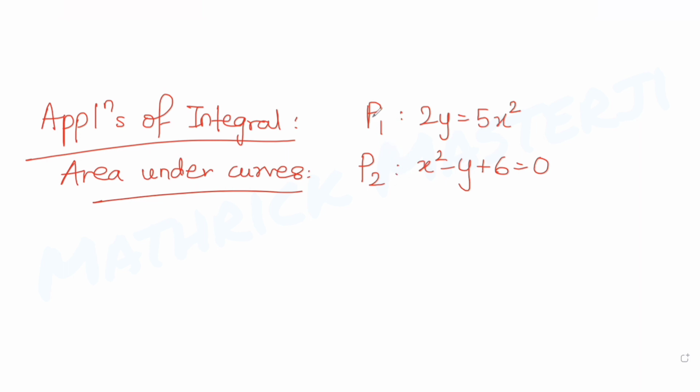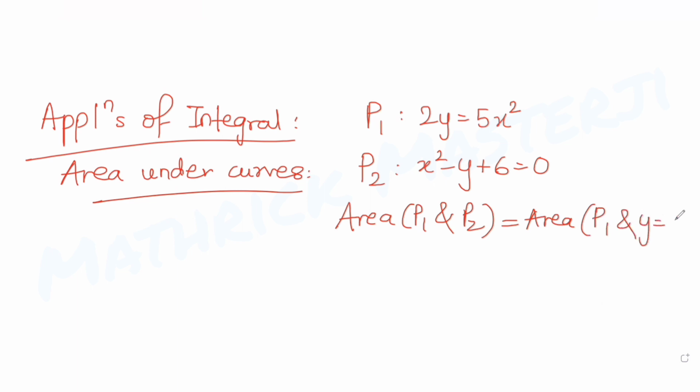They tell us that the area enclosed by the parabolas P1 and P2 is also equal to the area enclosed by P1 and a line y equals alpha x, where alpha is greater than 0, meaning it is positive. Then they have asked us to find the value of alpha cube.